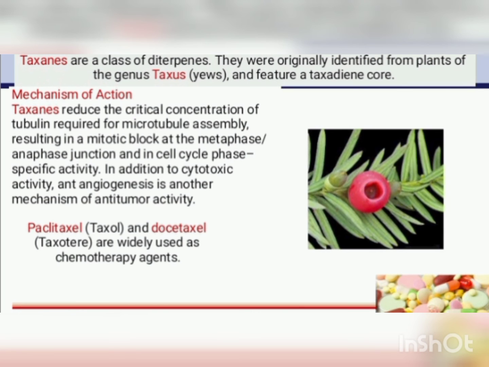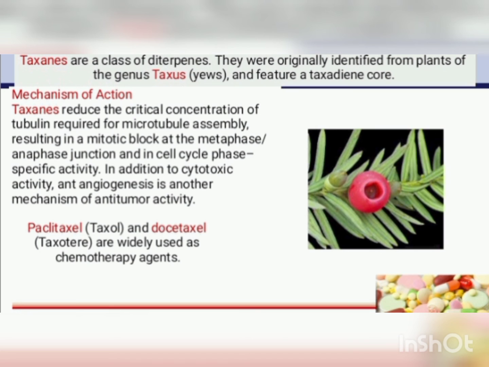Mechanism of action: taxanes reduce the critical concentration of tubulin required for microtubule assembly, resulting in mitotic block at the metaphase-anaphase junction in the cell cycle. In addition to cytotoxic activities, inhibition of angiogenesis is another mechanism of antitumor activity.